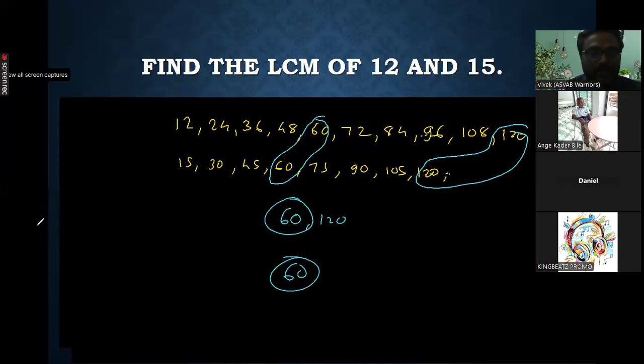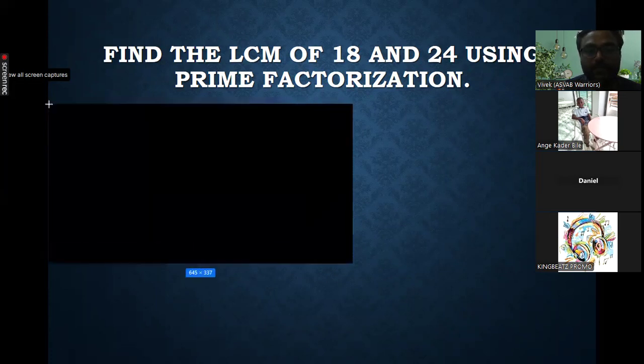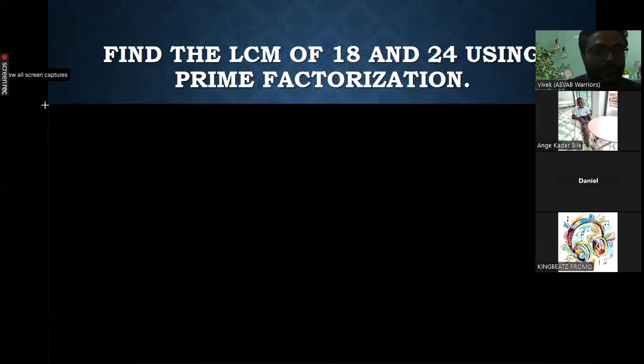Okay. Let's move on. Now I'll be solving the least common multiple of 24 and 18 using the prime factorization method. Let me solve it here.